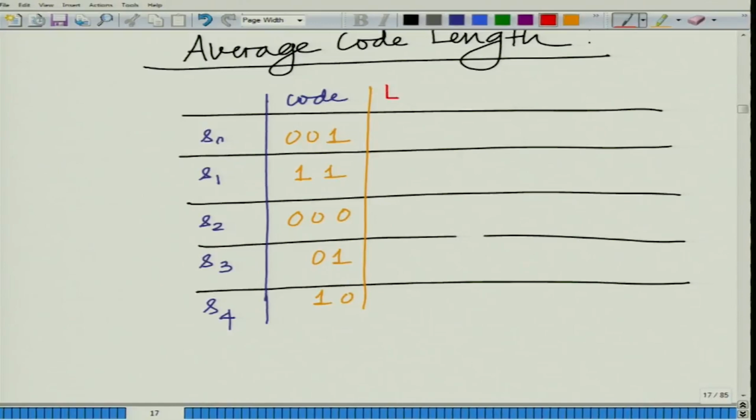Which means the length, that is also obvious: S0 is length 3 bits, S1 is length 2 bits, S2 has length 3 bits, S3 has length 2 bits, S4 has length 2 bits.